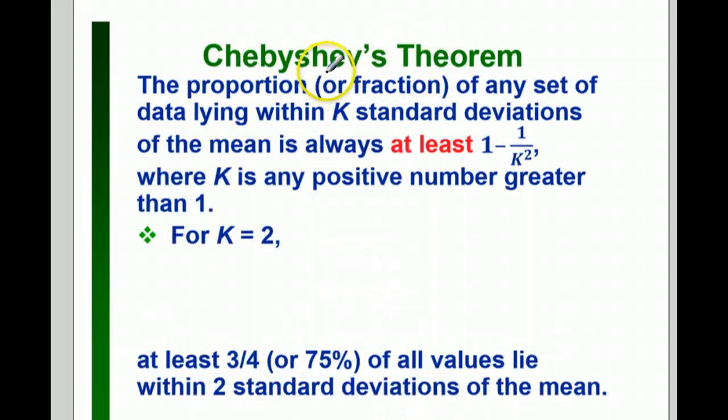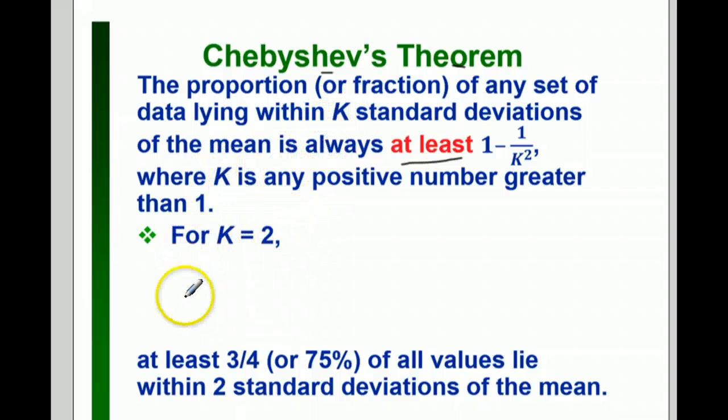Alright, and then Chebyshev's theorem, or Chebyshev's inequality, says that no matter what your data set looks like, whether it's bell curved or not, at least 1 minus 1 over k squared is the proportion of the values that fall within k standard deviations.